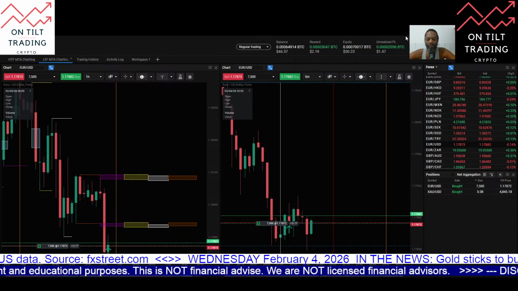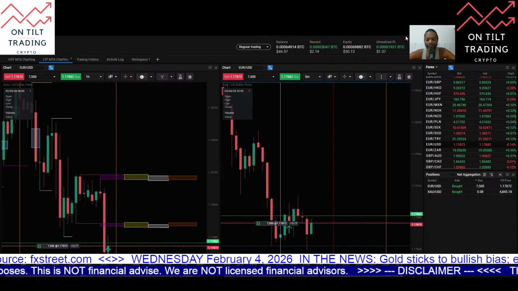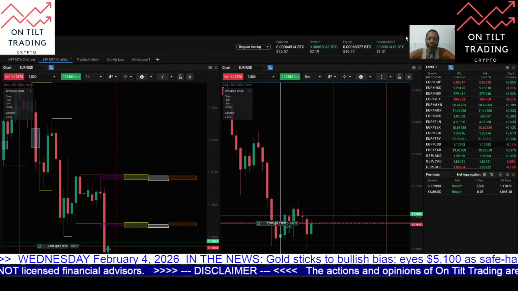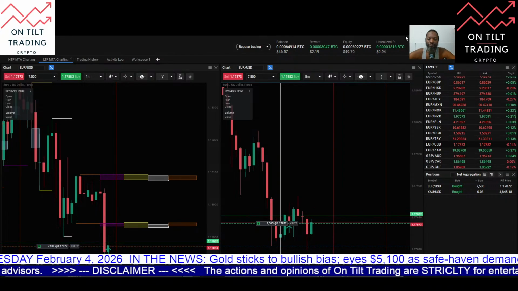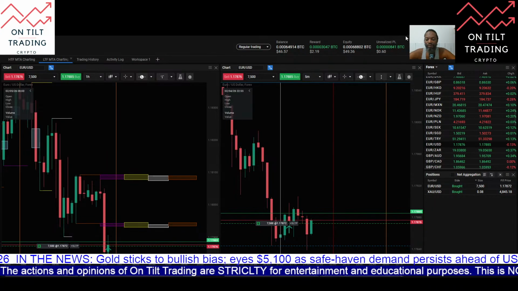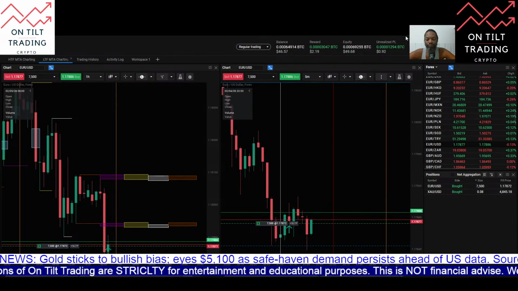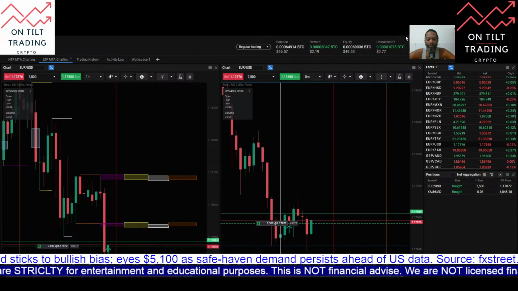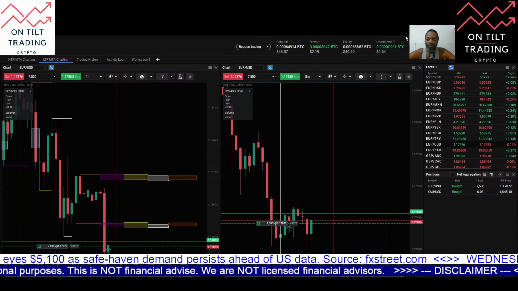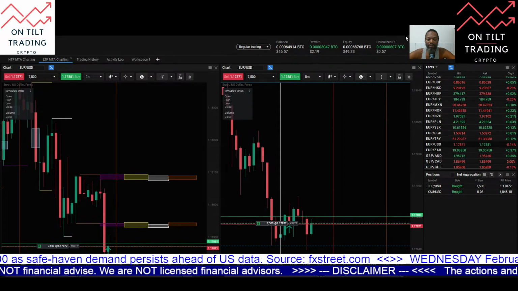We'll see if price will deliver and put in a new 5-minute high. Price consolidating here. 178.70 level.